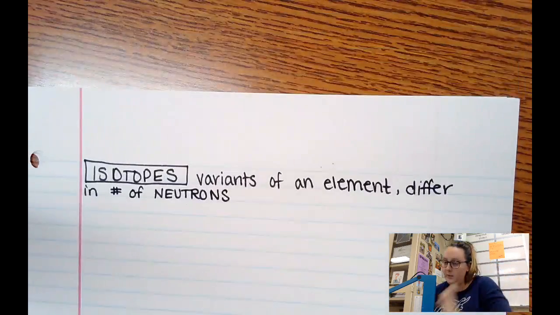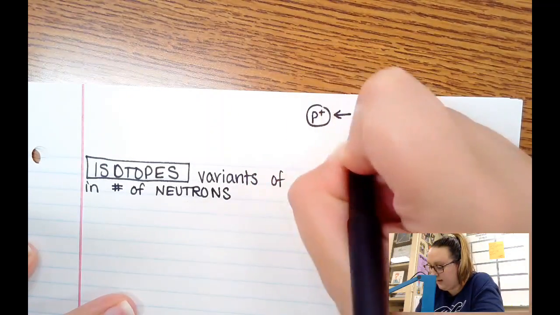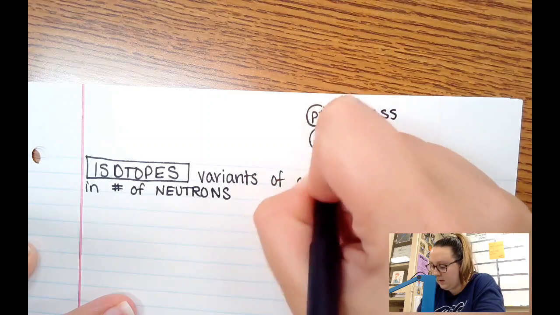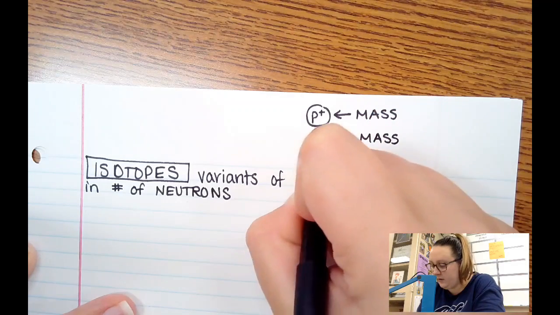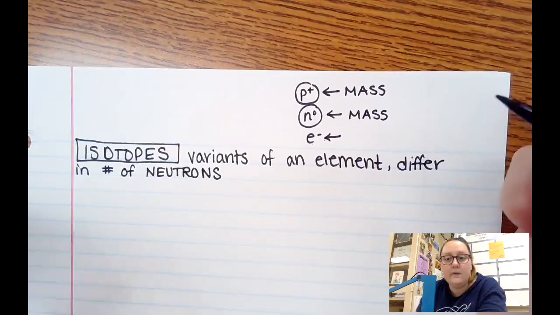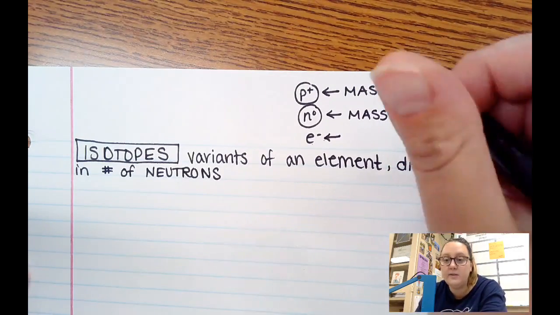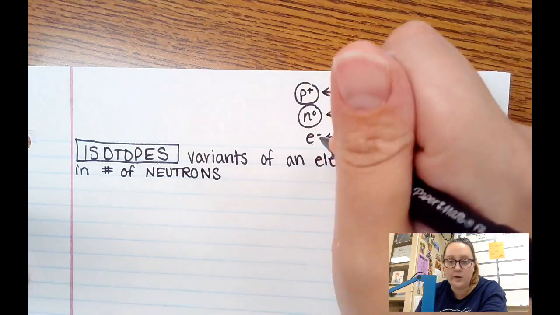And we remember that protons, those guys have mass. Neutrons, they also have mass. Electrons, on the other hand, it's almost like a tiny piece of dust. If I go to the doctor's office and I step on the scale and I say, hold on, there's a piece of dust on my shoulder, it's not going to make a difference. And that's what electrons are.